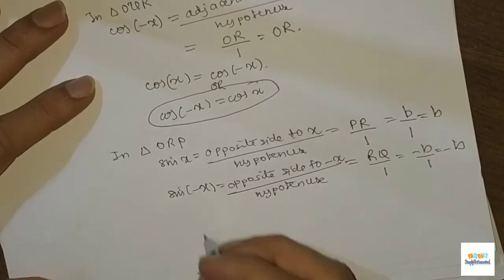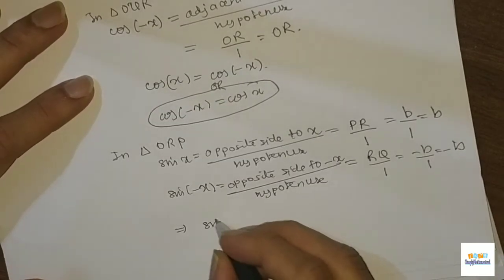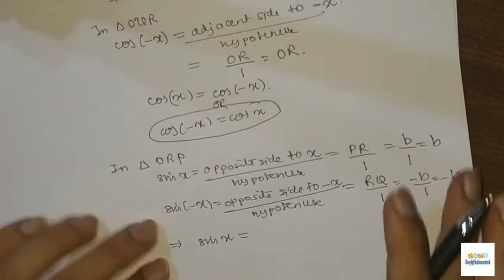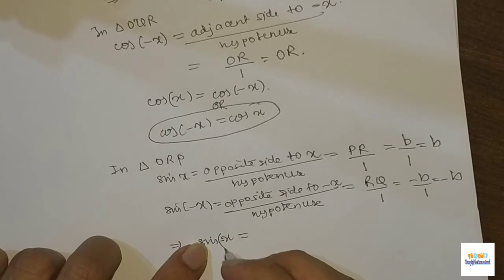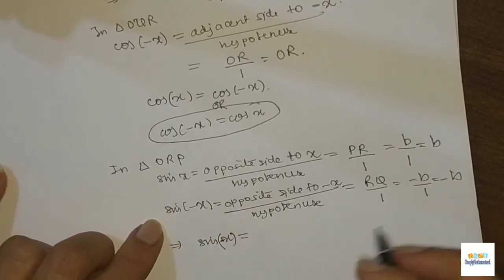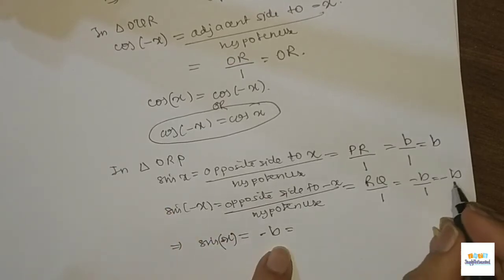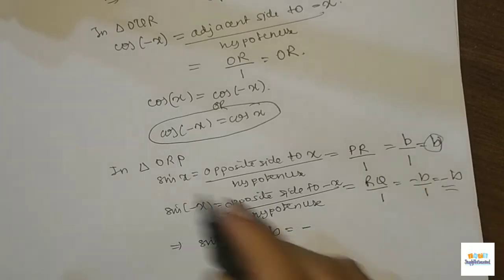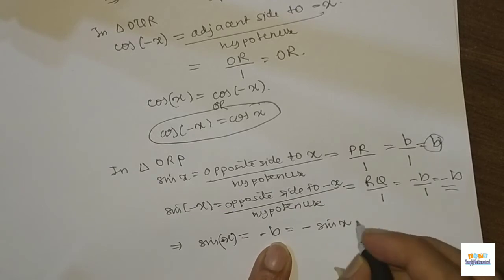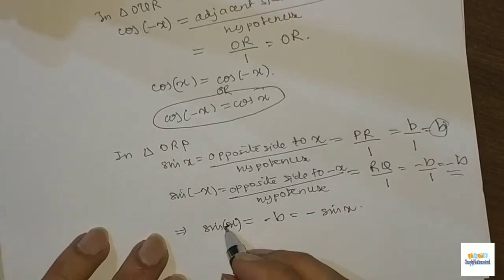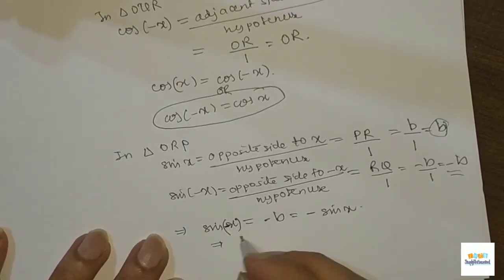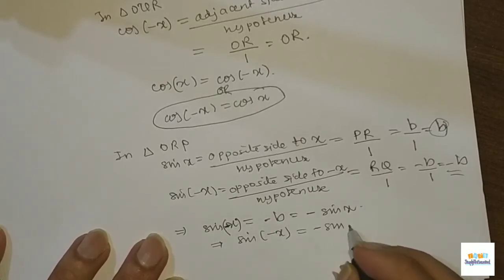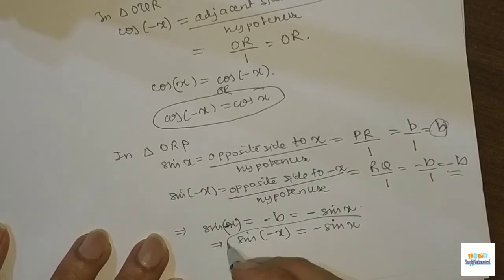So sin of minus x is minus b, and b is sin x. So sin of minus x is equal to minus sin x. So that is the second formula.